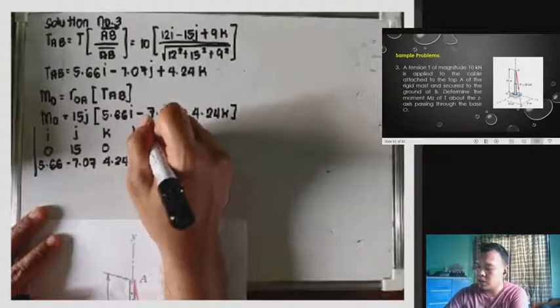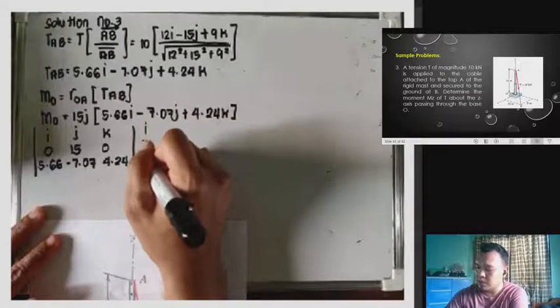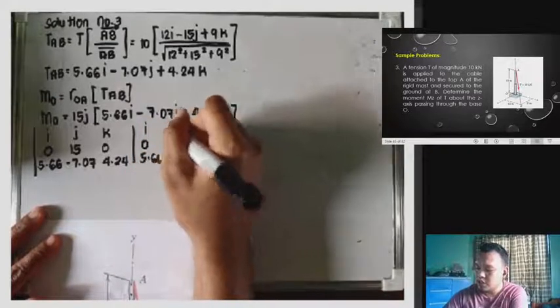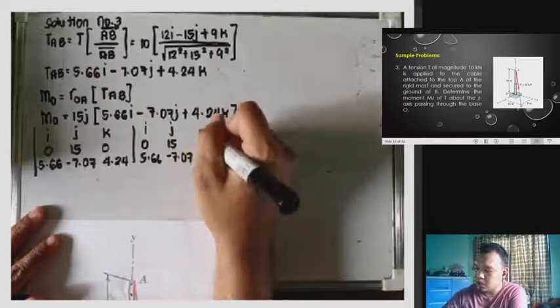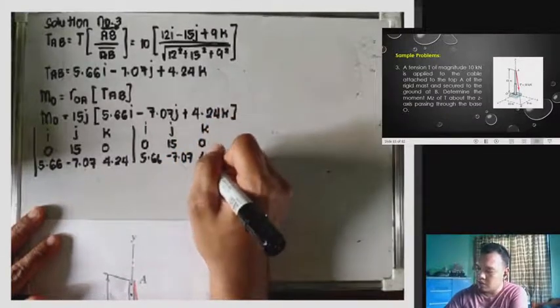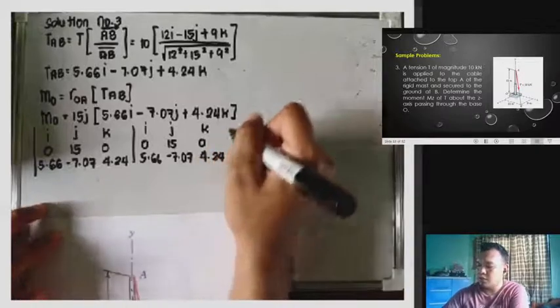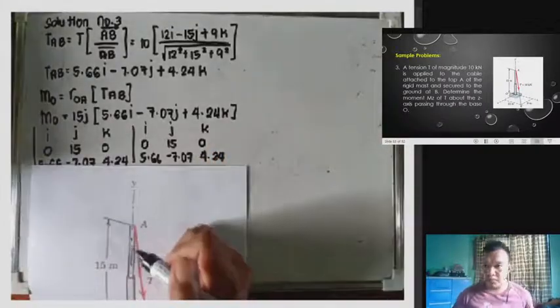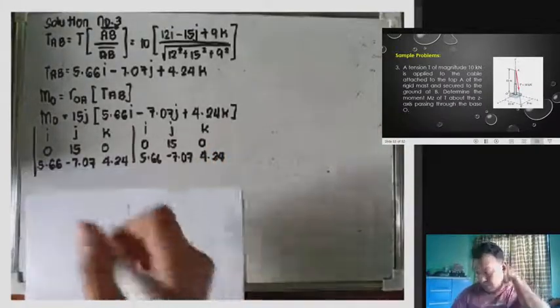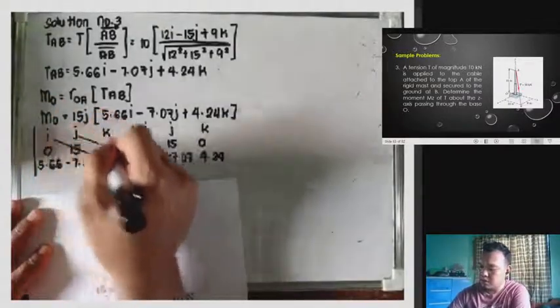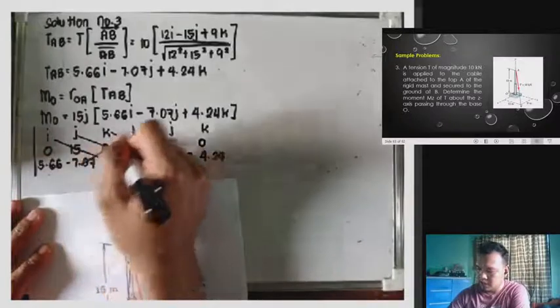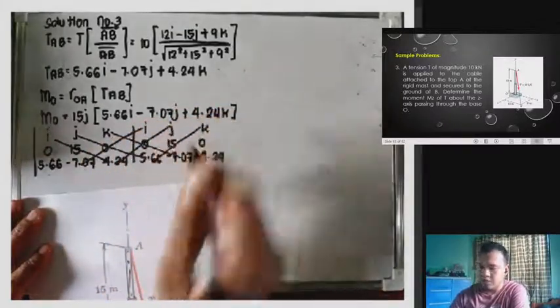Then, i-rewrite mo lang ulit. 0, 5.66, J, 15, negative 7.07, K, 0, and 4.24. Then, multiply lang to. So, ito, pag ganito, pag ganito, pag ganito. Tapos ito, at ito. Okay?